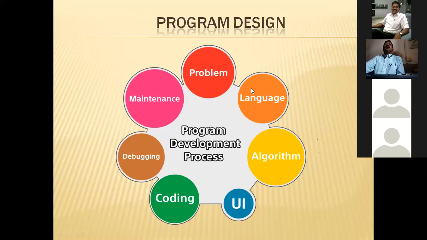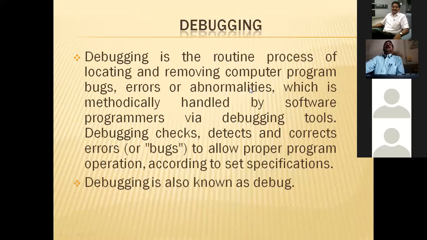Okay, let us see what debugging is. Debugging is the routine process of locating and removing program bugs, errors, or abnormalities, which is methodically handled by software programmers via debugging tools.